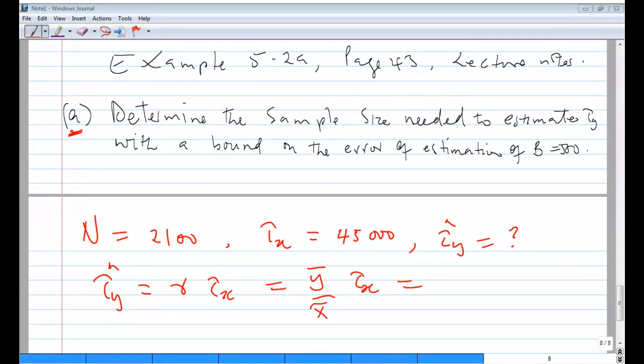There is Table 5.2 on page 43. What is our y bar? What is our x bar?